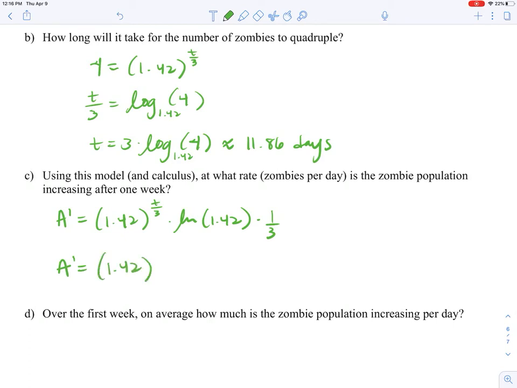And then when we plug in 7, I get 2.265 zombies per day.